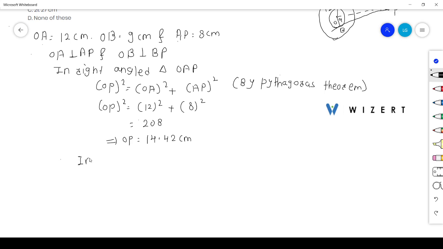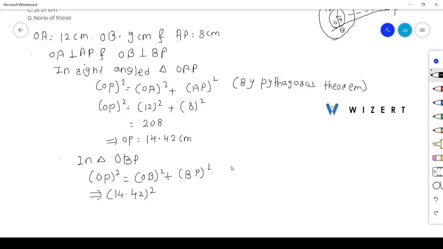Now, in triangle OBP, as we have to find BP, OP square equals OB square plus BP square. So OP is 14.42, square.